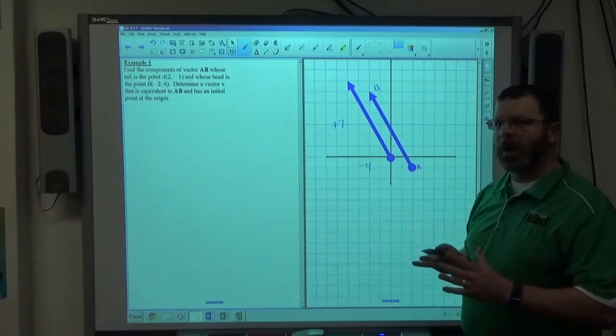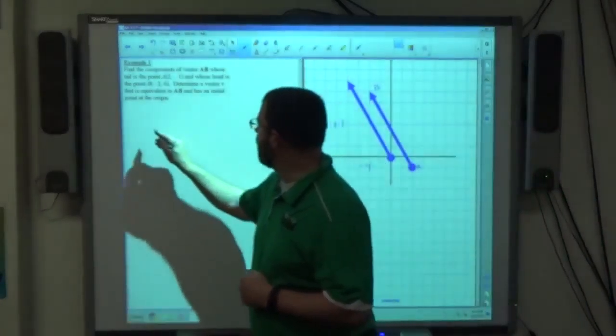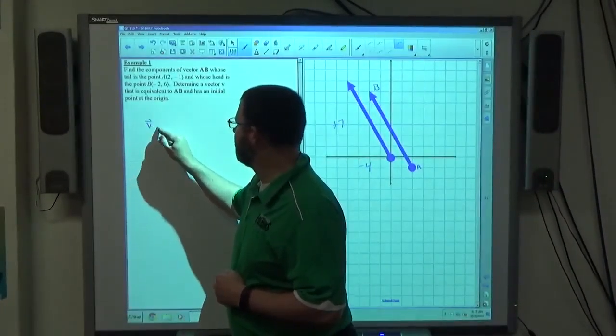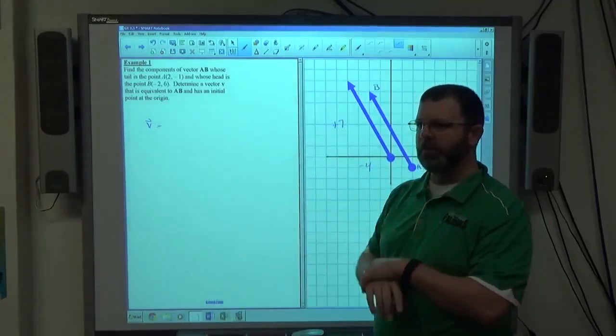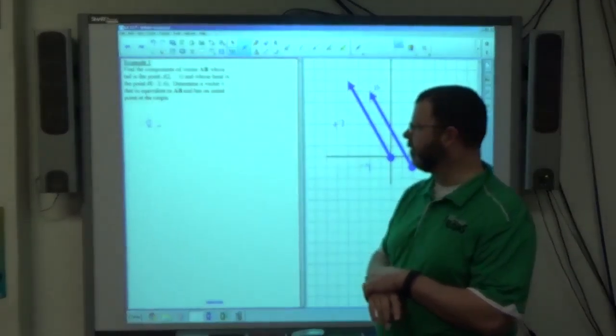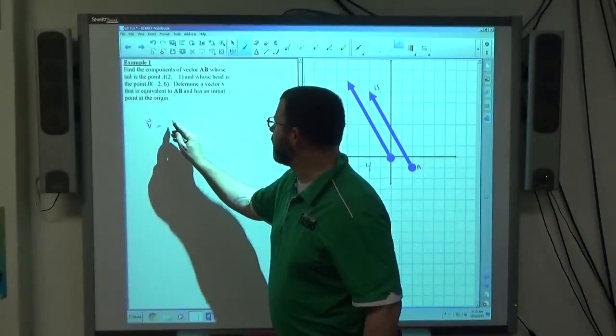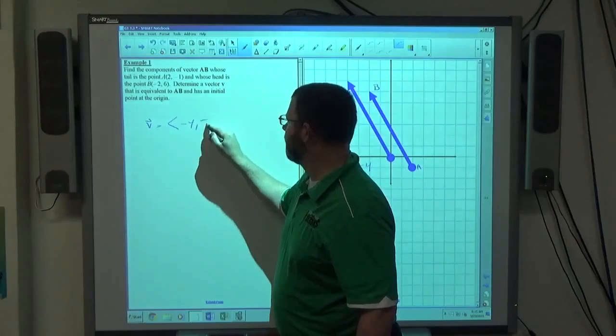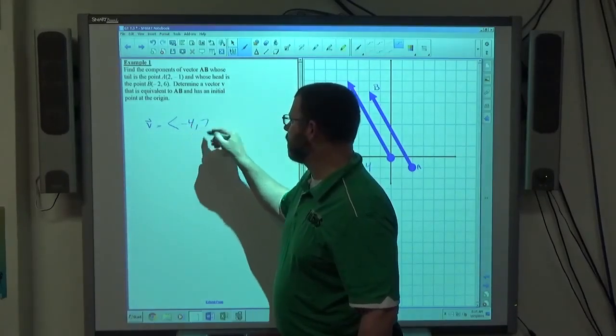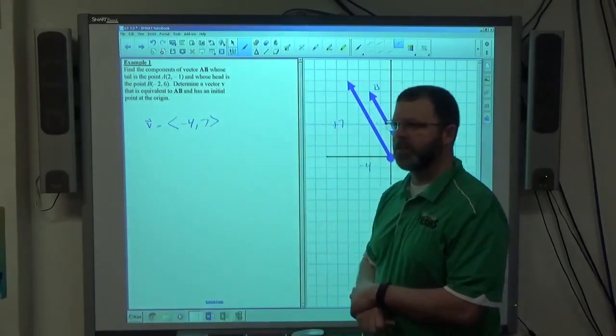So the way we write the vector V, they use bold letters to represent them. We're going to put a little semi-arrow over it. So V. We write this in component form with a less than symbol, the horizontal and vertical components, and then the greater than symbol.